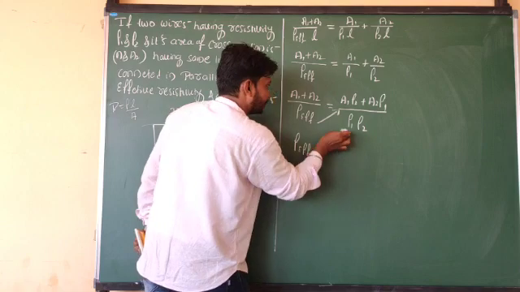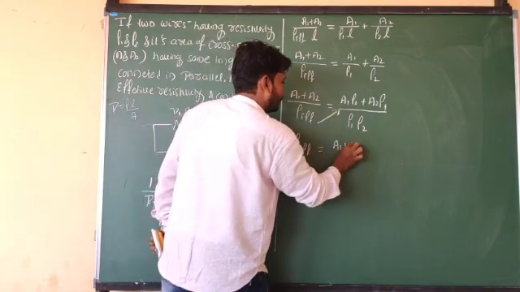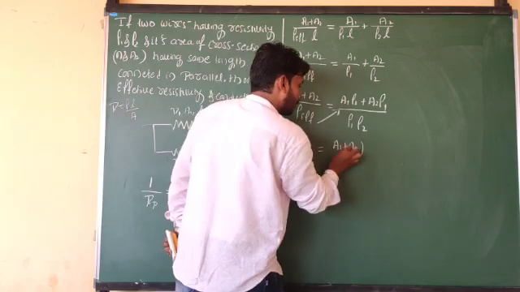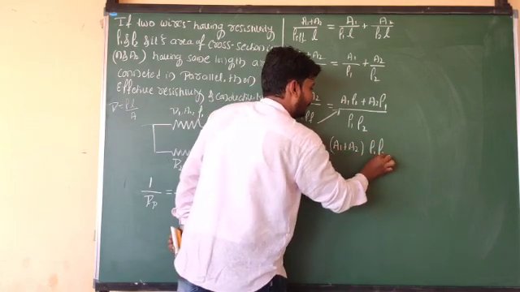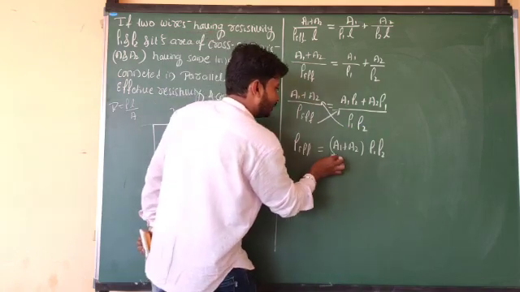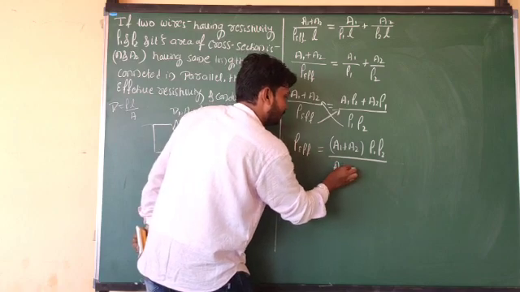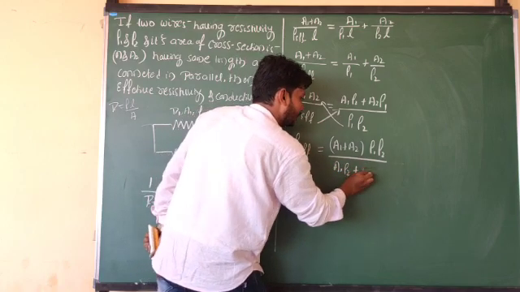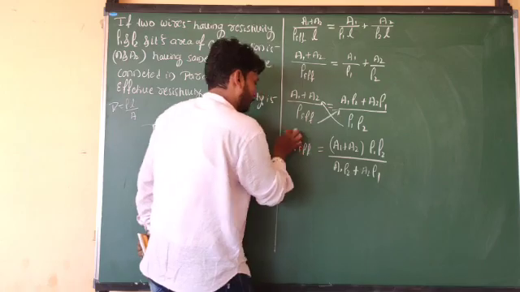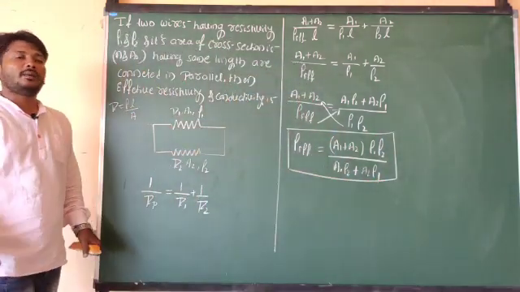Effective resistivity is equal to what? A1 plus A2 into rho 1 into rho 2 divided by A1 into rho 2 plus A2 into rho 1. So this is the effective resistivity in parallel combination.